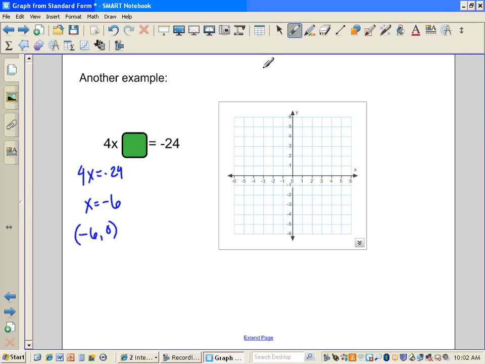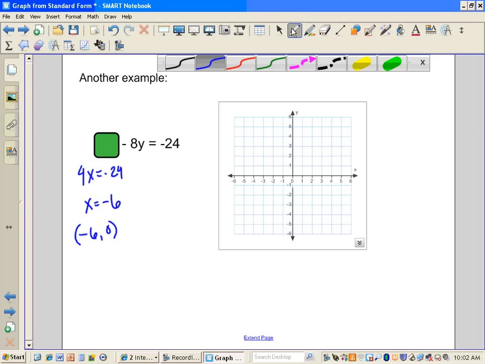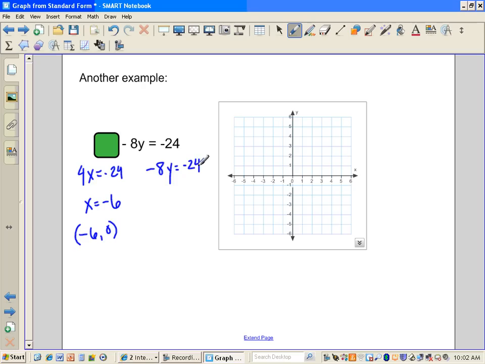And then if I want my y-intercept, I'm going to cover that 4x, but be really careful that that negative, again, like I said, goes with it: negative 8y is equal to negative 24. And I think I can do this in my head too. If I divide by negative 8 on both sides, y is going to be equal to positive 3. So I'm going to have 0, 3 as my y-intercept. So negative 6, 0 right on the end, and 0, positive 3.